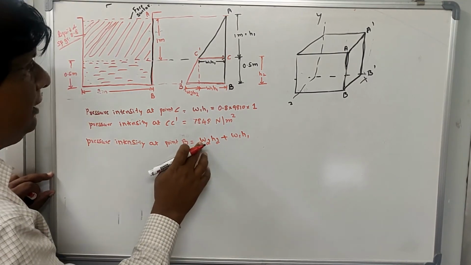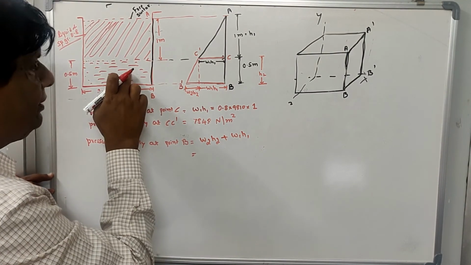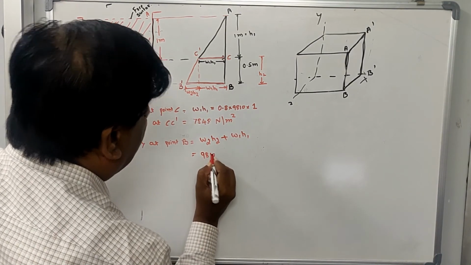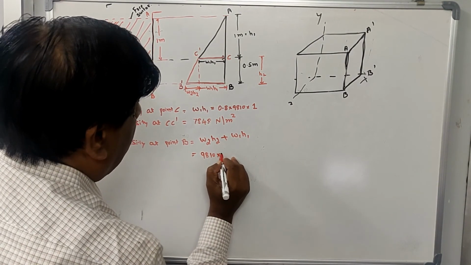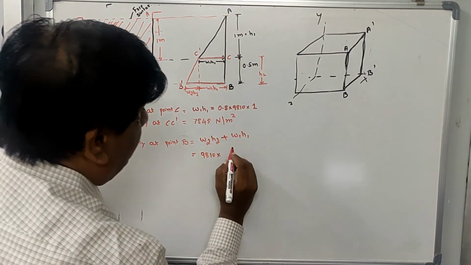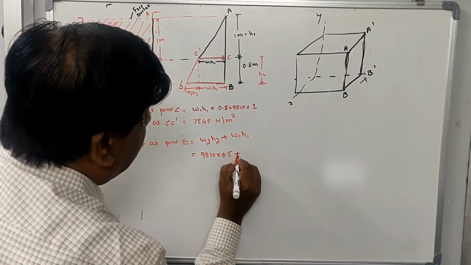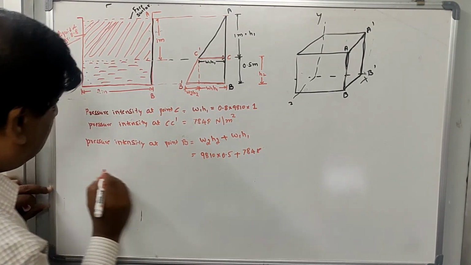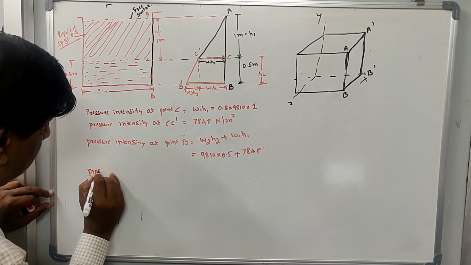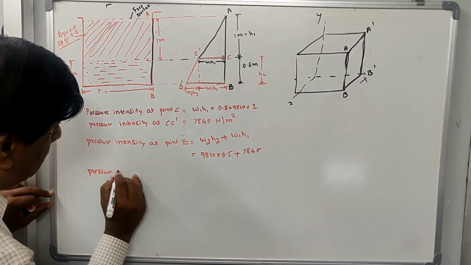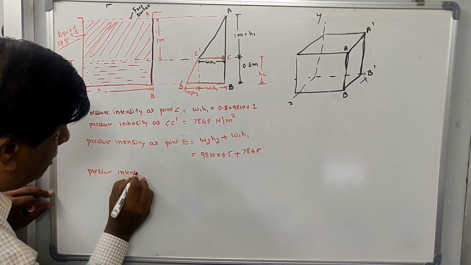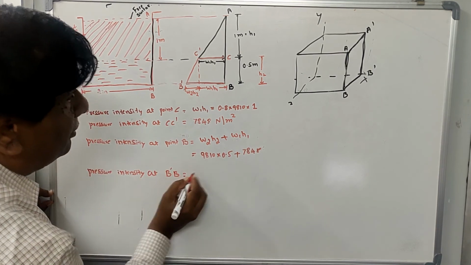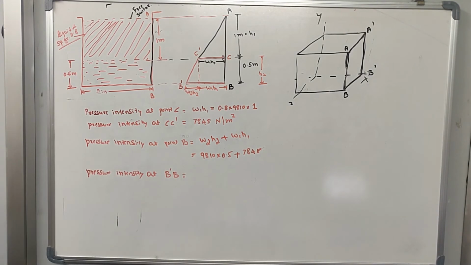W2 is the unit weight of this liquid, which is water, so it is 9810 multiplied by H2, which is 0.5, plus W1 H1, which is 7848. So pressure intensity at B dash B is equal to this plus this. You calculate that.